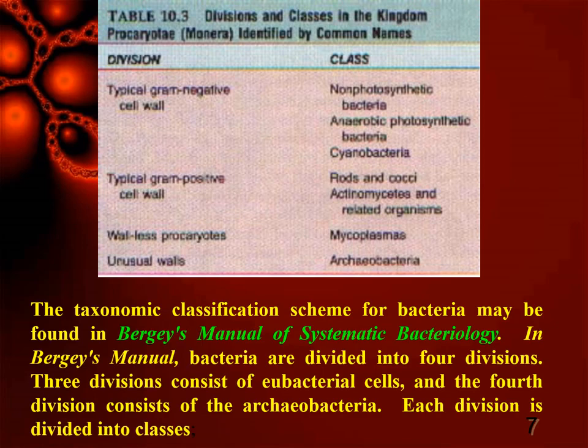The taxonomic classification scheme for bacteria may be found in a very important reference known as Bergey's Manual of Systematic Bacteriology. In Bergey's Manual, bacteria are divided into 4 divisions. 3 divisions consist of bacterial cells, and the 4th division consists of archaebacteria or unusual bacteria. Each division is divided into classes.